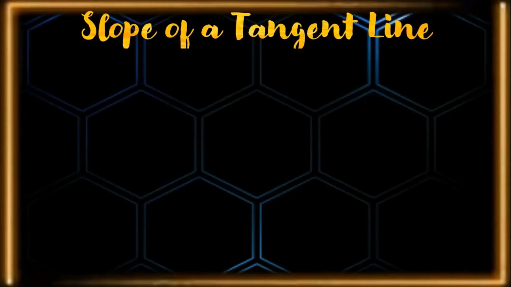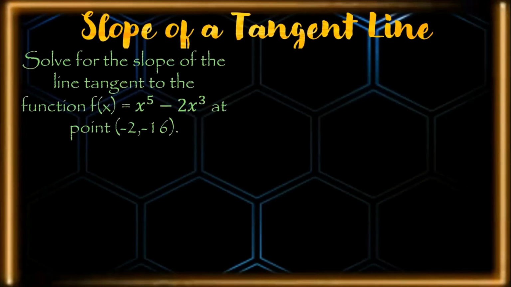Another given. Solve for the slope of the line tangent to the function f of x equals x to the 5th minus 2x cubed at point (-2, -16). Now, the advantage of using derivatives in solving for the slope of the tangent line is that even if the function has a degree greater than 2, it will still be very easy for us to solve for the slope.